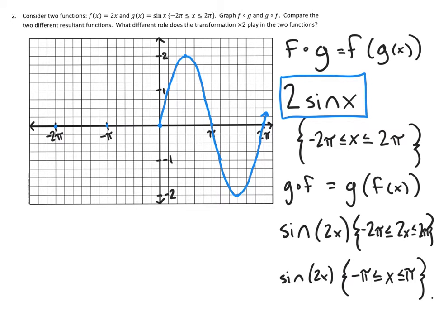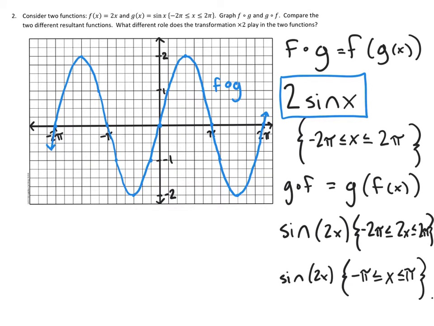Now the other side: negative 1, negative 2, negative 1, 0, 1, up to 2, 1, there we go. Okay, there's f composed with g.